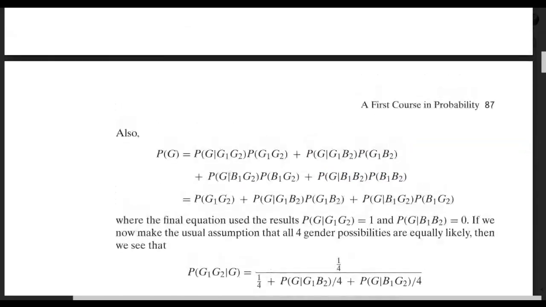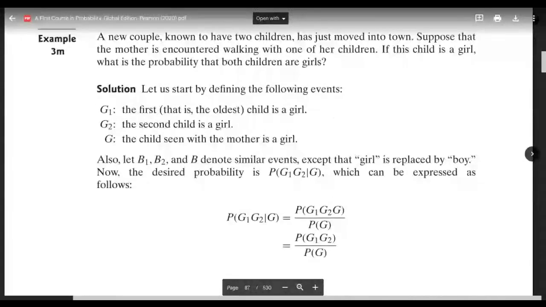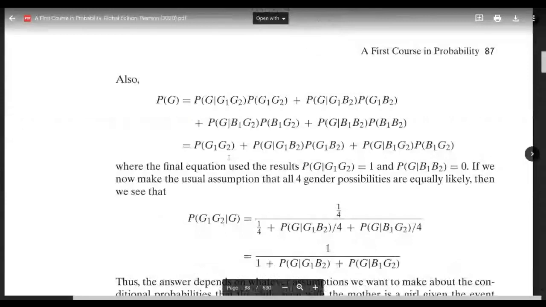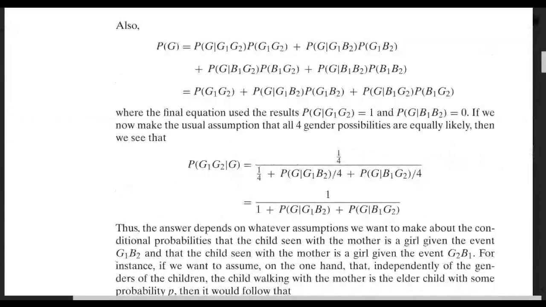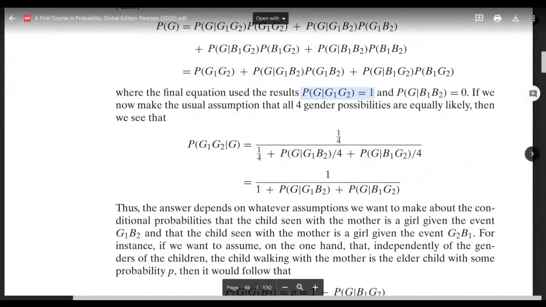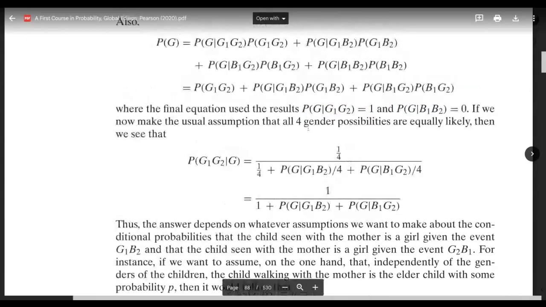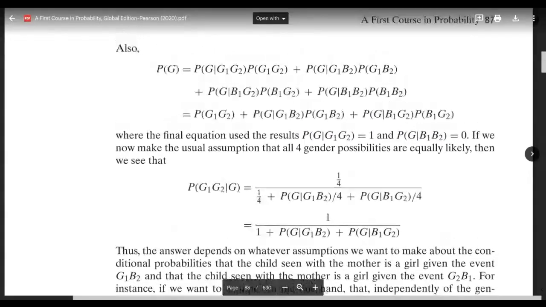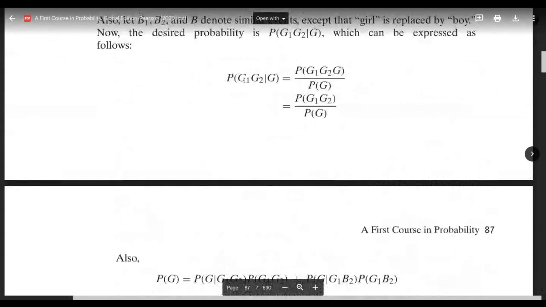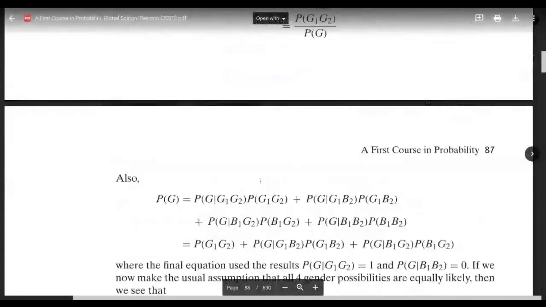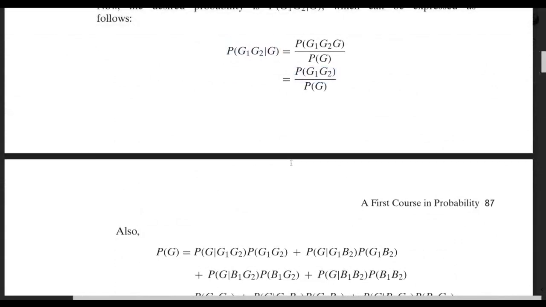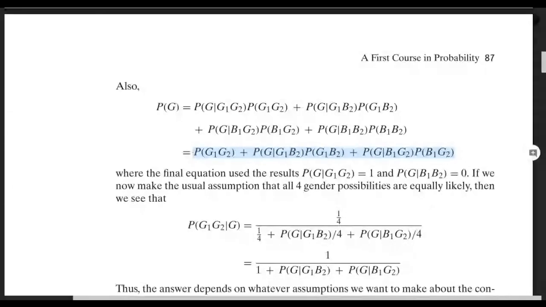So we plug in all those numbers: that would be 100%, that would be 0%. Right, that's here. This one becomes this divided by this.